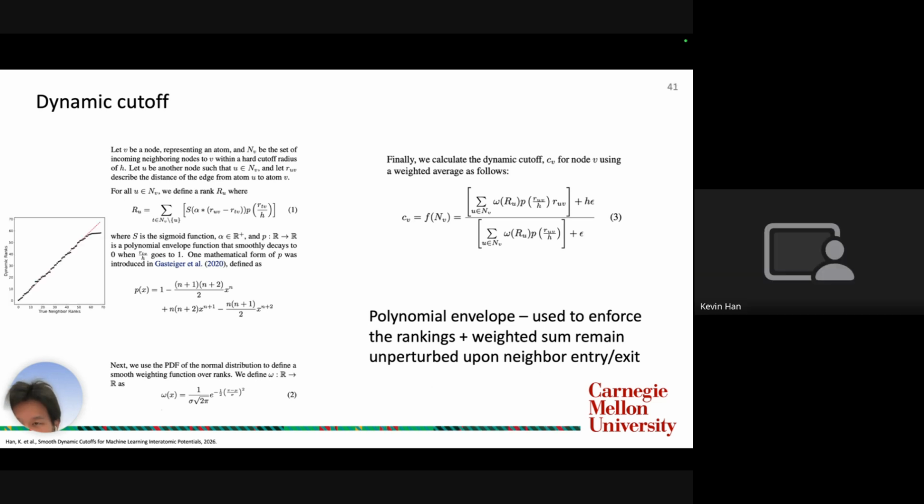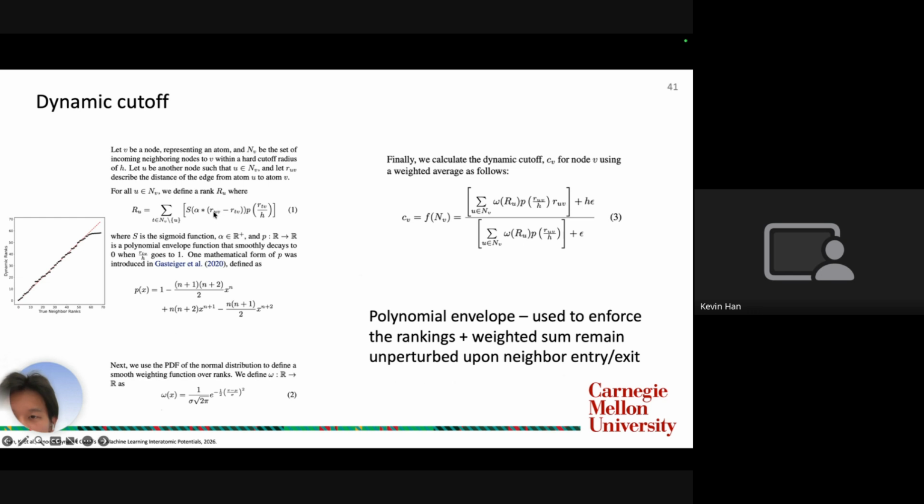Oh, yes, that's a good question. This is definitely very possible. But the reason this is not an issue for smoothness is because of the way we calculate ranks with this sigmoid contribution. If the distance to the neighbor that we would like to calculate the rank for is sufficiently different from the competing atom, then this sigmoid would be 1.